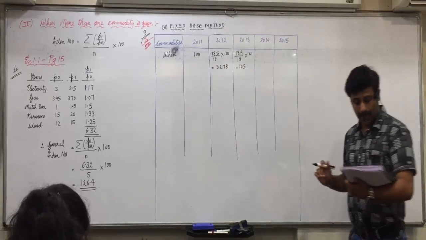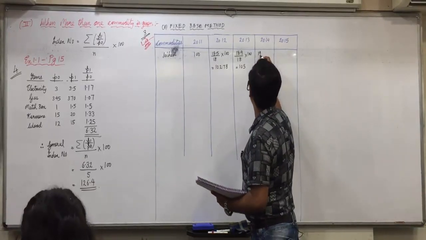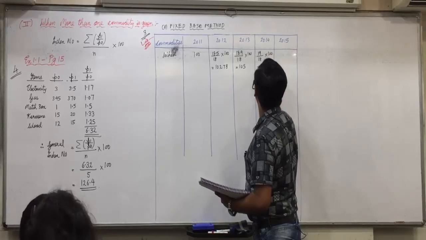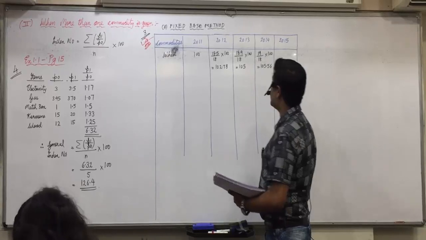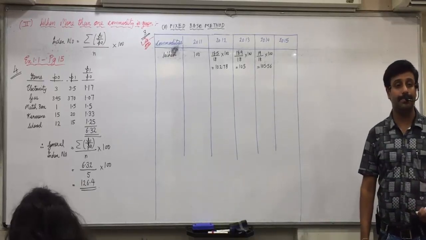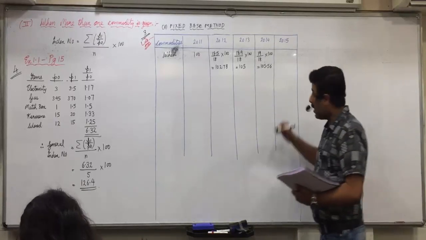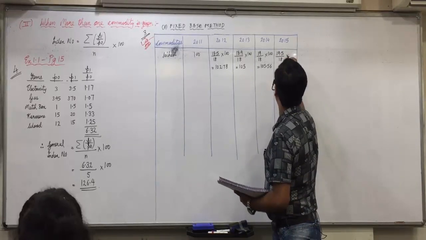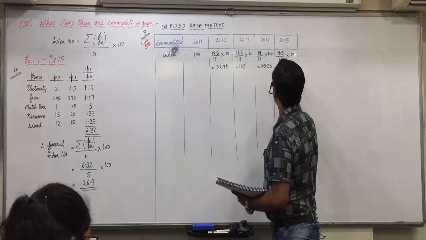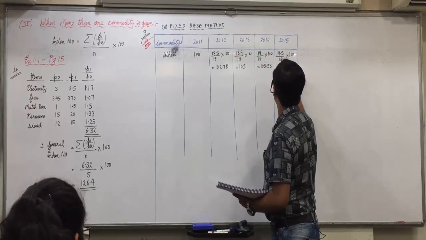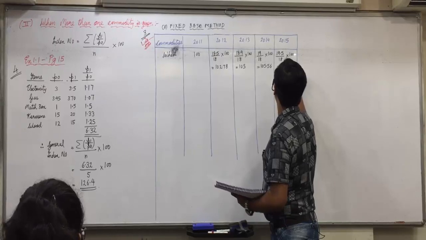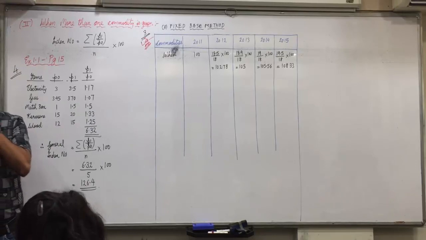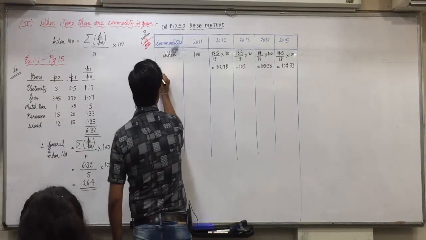All are clear? Yes, sir. 19 divided by 18 into 100. 105.56. And 19.5 upon 18 into 100. Silence. All are clear up till here? Yes, sir.